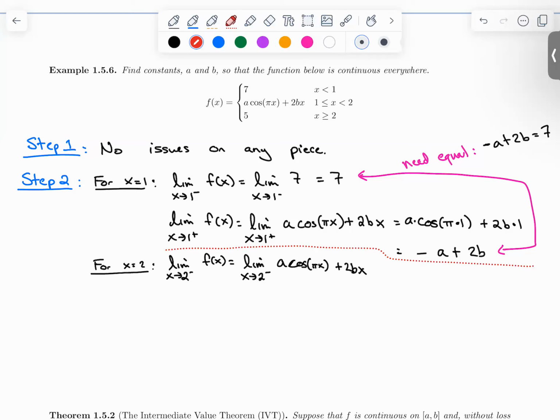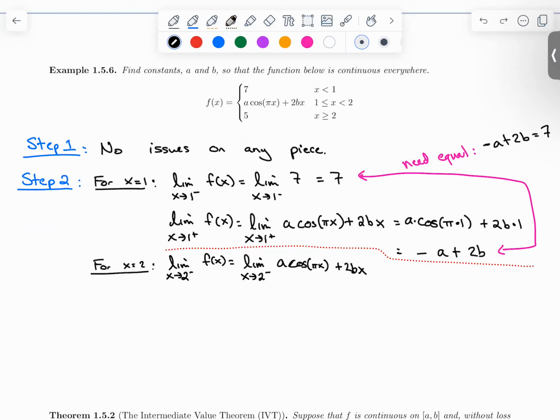Sorry, it's scrunched. I need to give you guys more room on this problem. Sorry about that. We still got a little more to do. 2 from the left, we're talking about using the middle function. And once again, a and b are just numbers, so the limit doesn't care about them. So we just plug in 2.